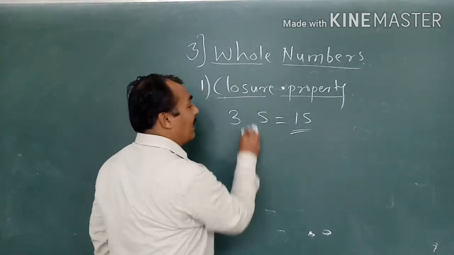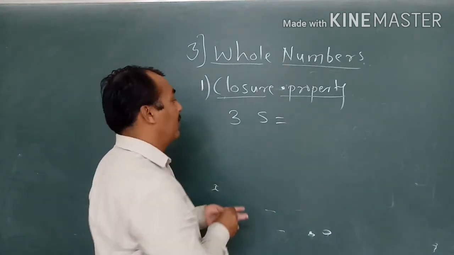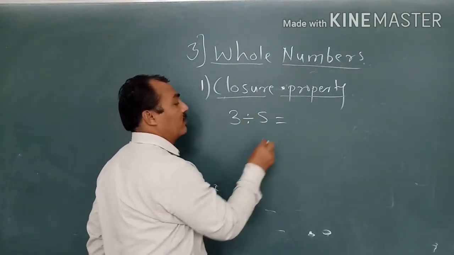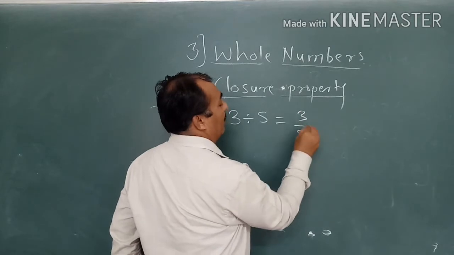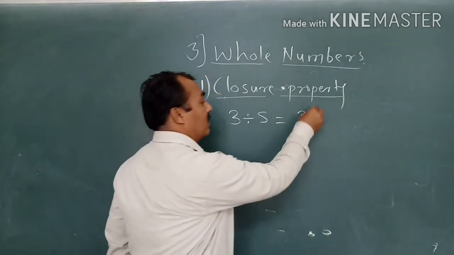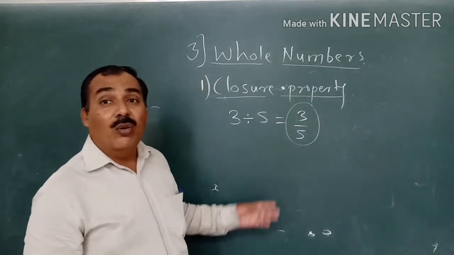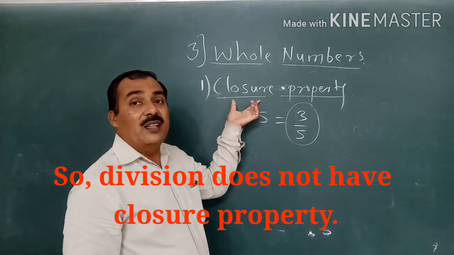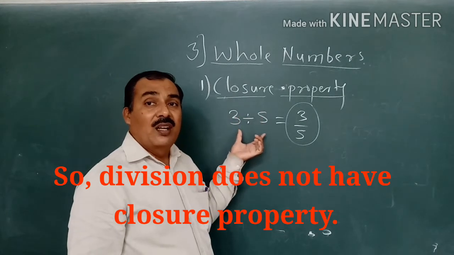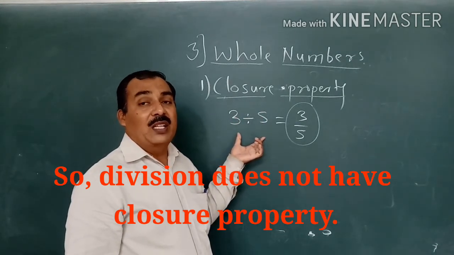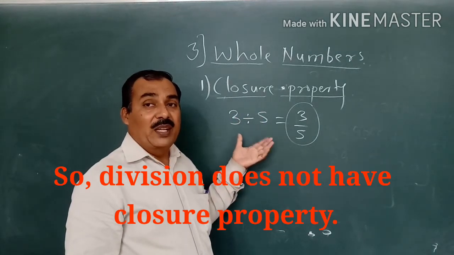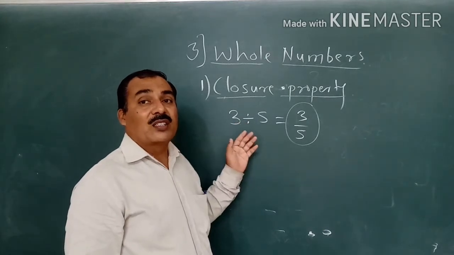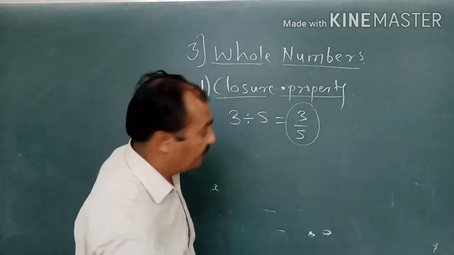And if we divide 3 divided by 5, we get a fraction, 3 by 5. But this is not a whole number. That means closure property is true only for addition and multiplication, but not applicable for subtraction and division.